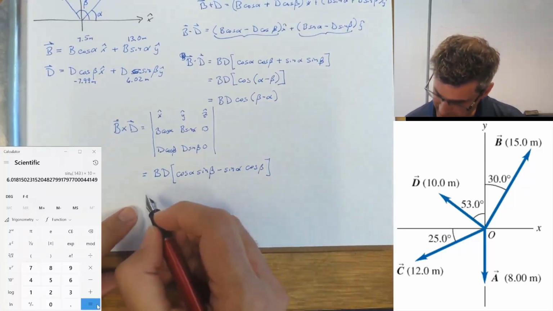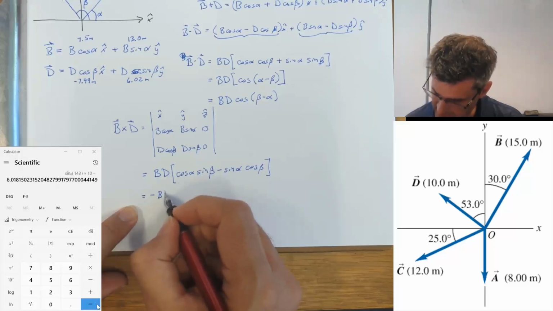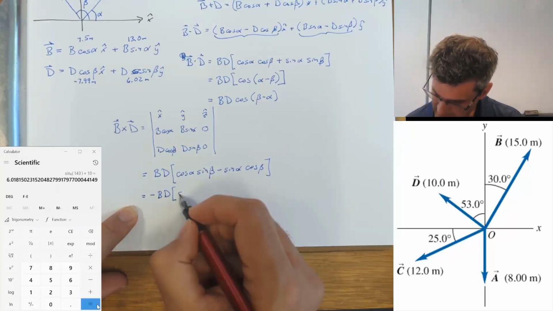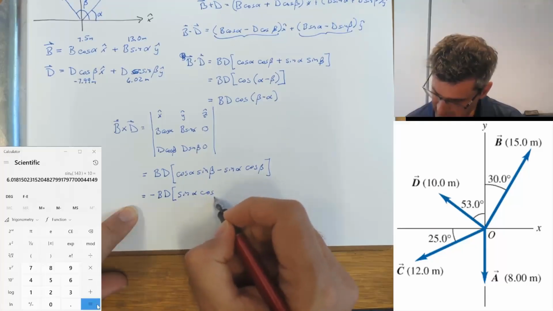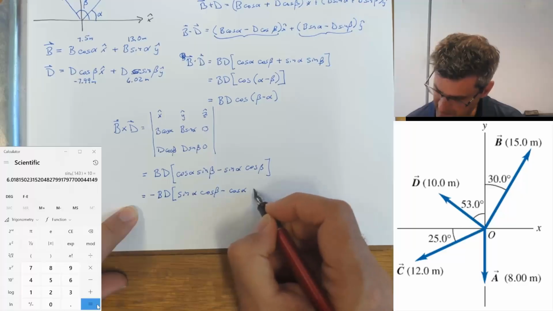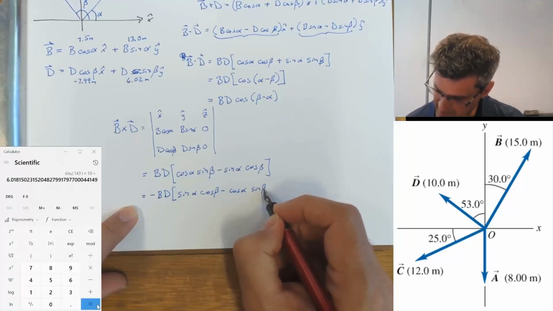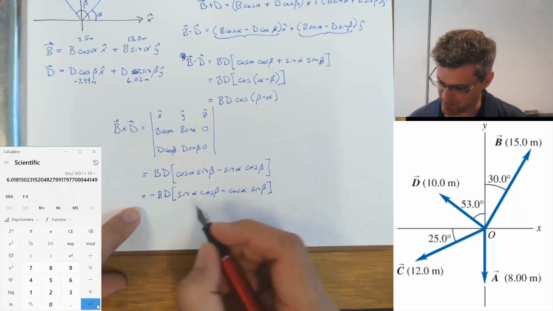Moving a minus sign up, minus BD, sine of alpha cosine of beta minus cosine of alpha sine of beta. This is the sine of alpha minus beta.